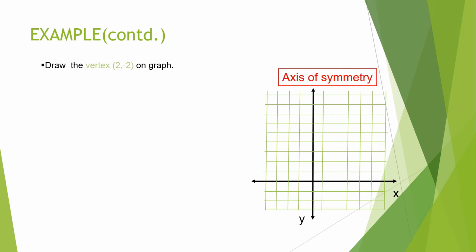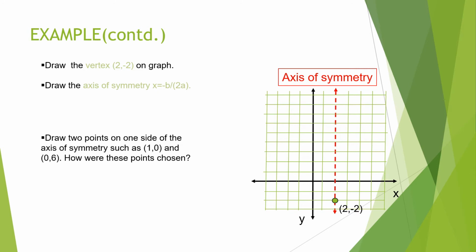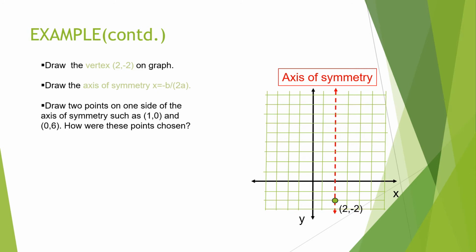We all know that the axis of symmetry will pass through the x-coordinate of the vertex, and that is 2. After we draw the axis of symmetry on the graph, this time we're going to plot 2 points on one side of the axis of symmetry, such as (1, 0) and (0, 6).